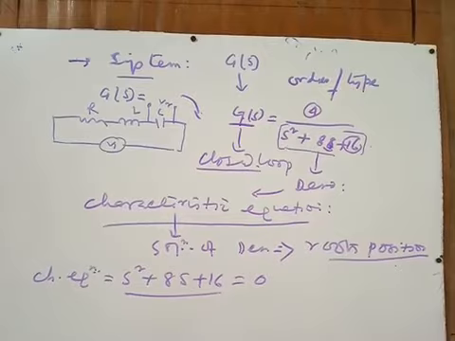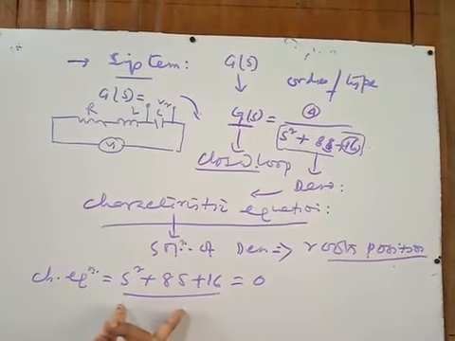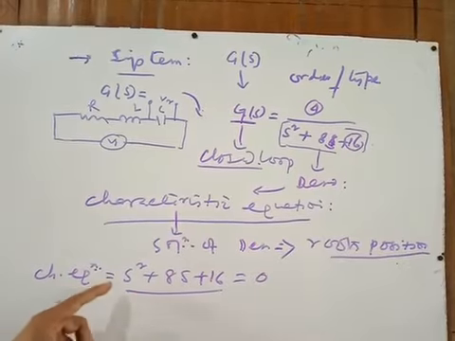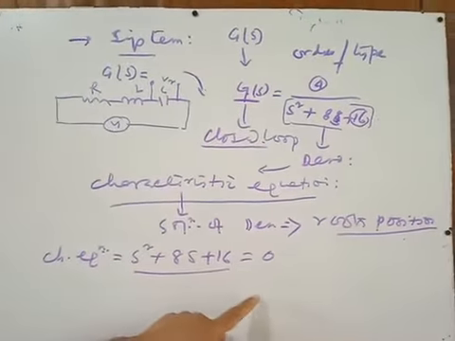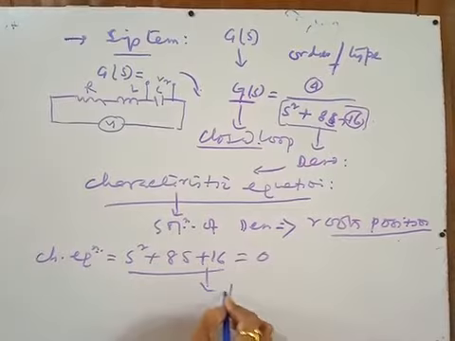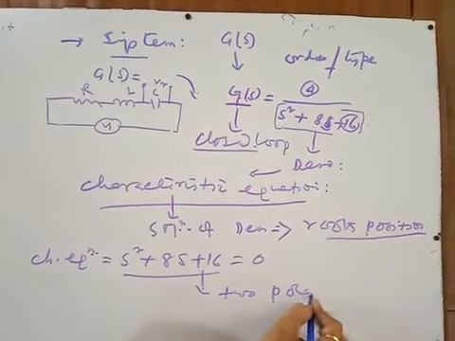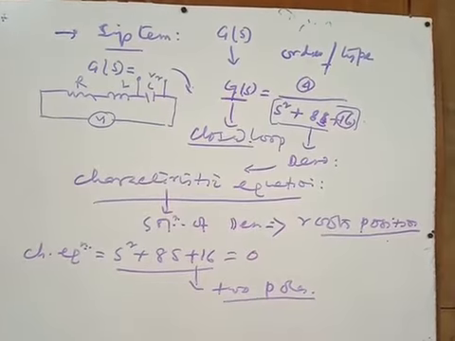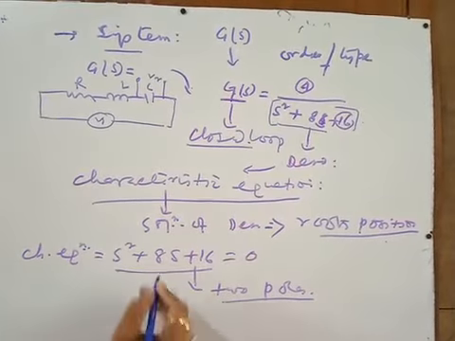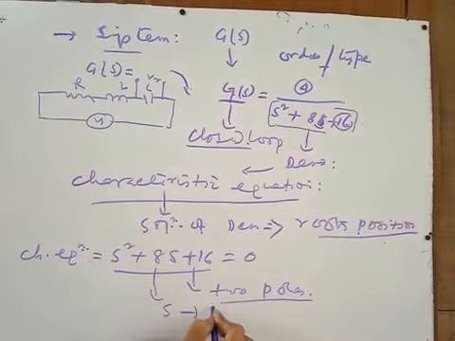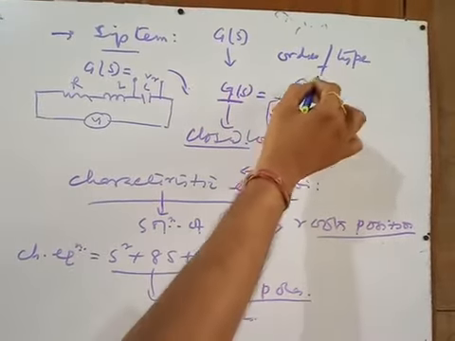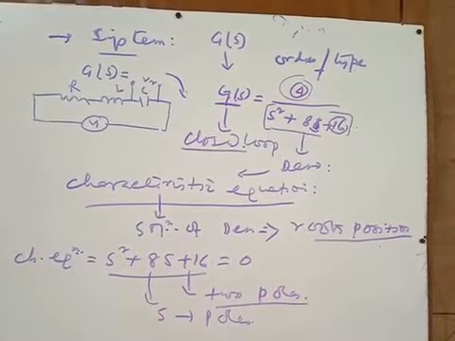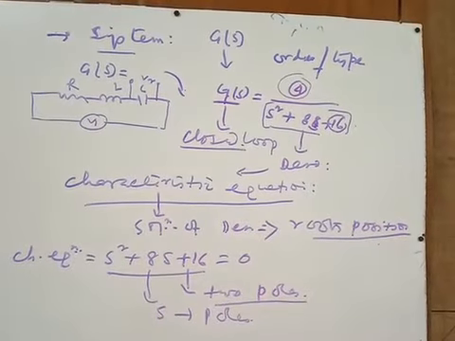So the characteristic equation is nothing but the denominator of the closed loop system, and if you make this equal to 0, then you will get two poles, right? You know the concept of poles and zeros. When you solve the denominator and get the values of s, these are known as poles, and when you solve the numerator and get the positions of s, that is known as zeros, right? So this is the concept of poles and zeros.